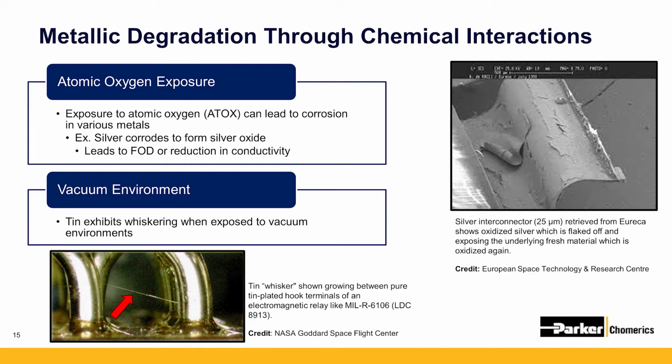The whiskers can grow as long as several millimeters and become electrically conductive FOD, causing short circuits and failures. So keep this point in mind when choosing surface finishes, metal substrates, as well as the metallized coatings like conductive paint. Pure tin is the most common material to experience whiskering, but alloys such as tin lead that have 97% or less tin will avoid that whiskering.